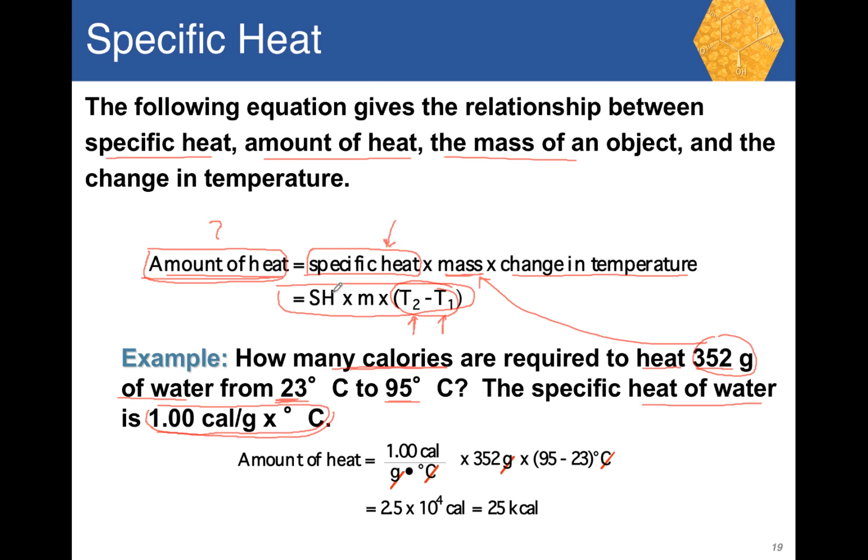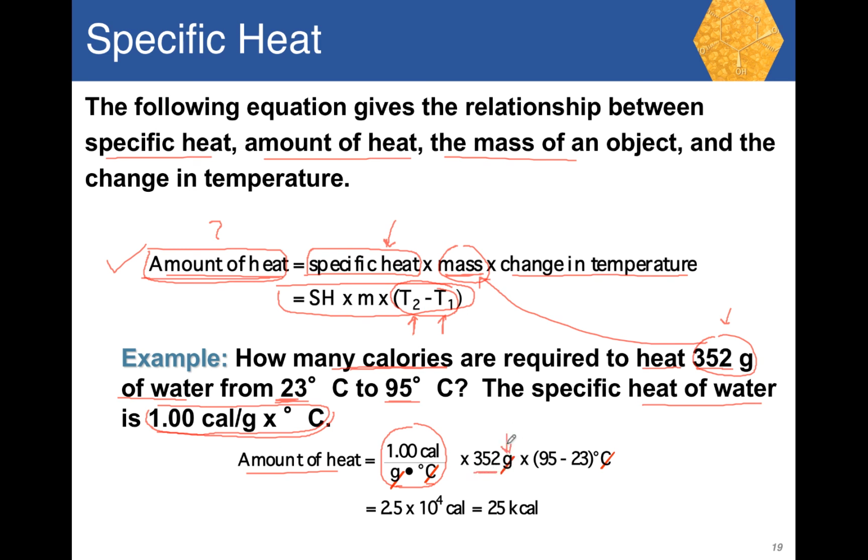So all you have to do is take this equation and substitute these numbers into it. So here we go. The amount of heat is equal to the specific heat, which is 1 calorie per gram per C. And again, I'm encouraging you to write out your units, because you will see that they do cancel and it gives you the appropriate unit for your answer. Times the mass, 352 grams.